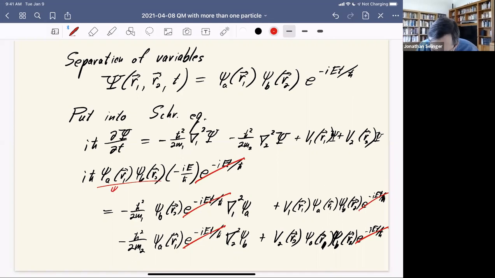Divide through by psi A of R1, psi B of R2. Okay, and I'll do that division in every term, psi A, psi B, psi A, psi B.